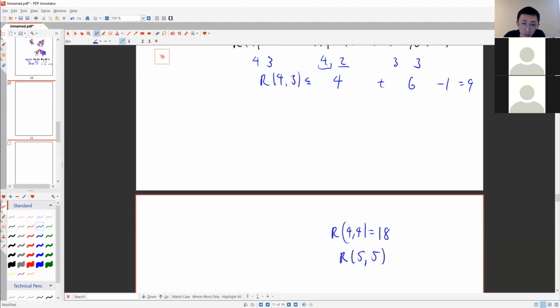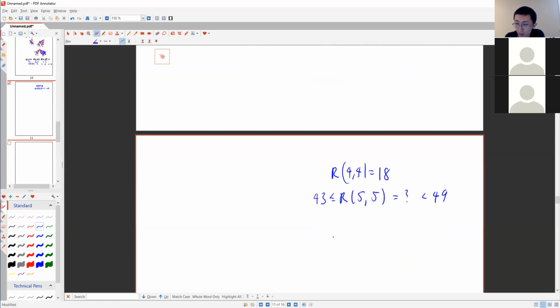Computers have not been able to compute R(5, 5), but it's between like 43 and 49. I think it's amazing that R(5, 5) is still unknown, because it doesn't seem like such a hard question for a computer to compute, but it's actually kind of hard.